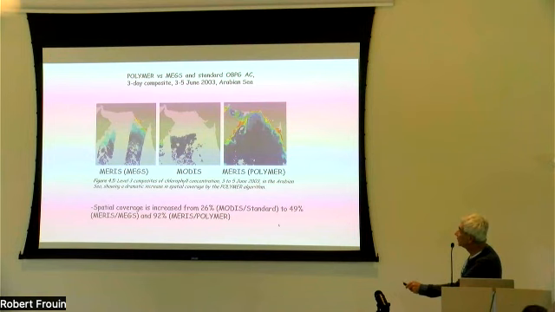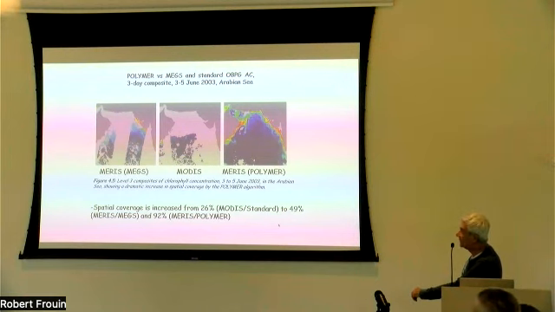So you see that with polymer, you're able to basically get complete coverage of this area, with the coastal area and everything, while in the standard algorithms, because again, you are very conservative with these algorithms, and so you eliminate a lot of data.